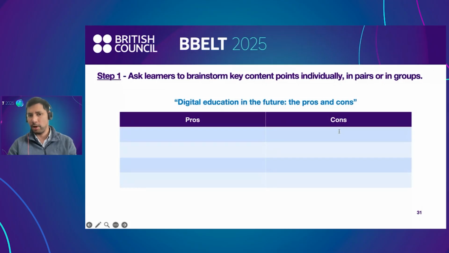Okay, so let's look at the task cycle now. The first step would be to ask learners to brainstorm key content points individually, in pairs, or in groups. And it would be content points focused on this particular prompt: digital education in the future, the pros and cons.